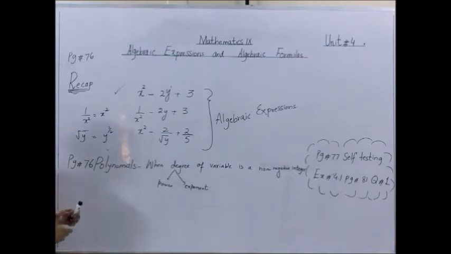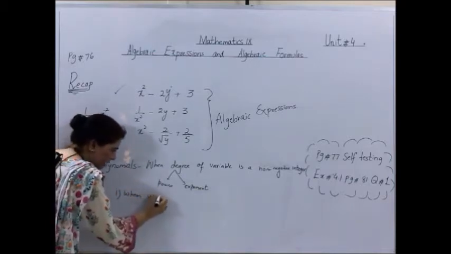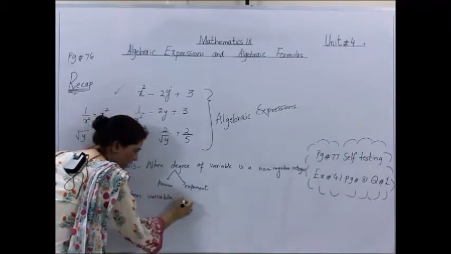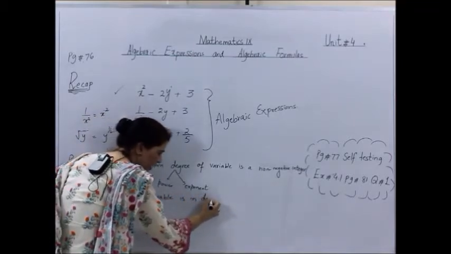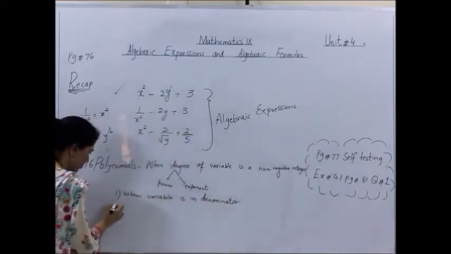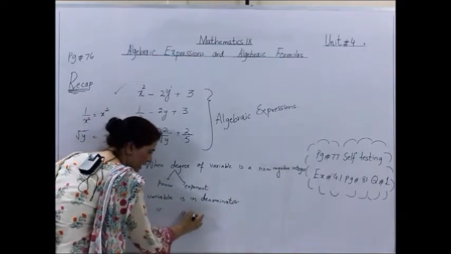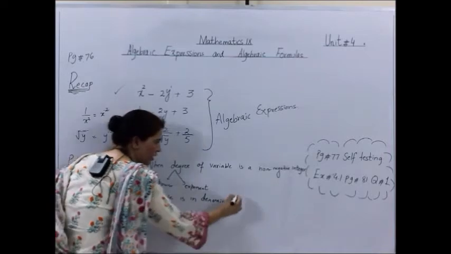So we have to see two things. Dear students, you have to keep two things in your mind: when will an algebraic expression not be a polynomial? When a variable is in the denominator, or when a variable is in square root form.